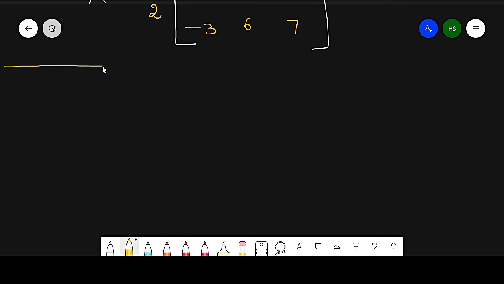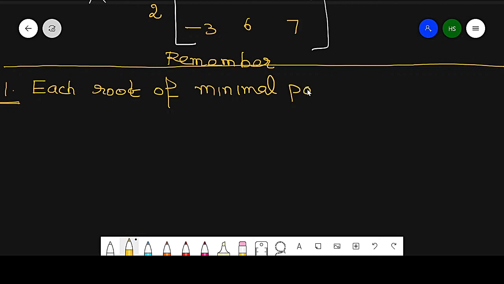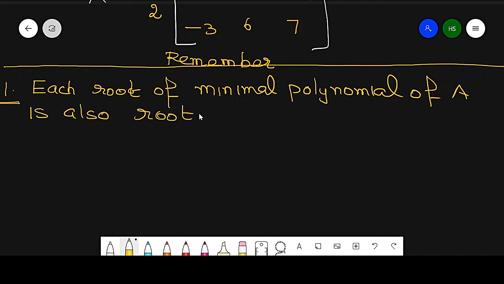Now these are very important results. The first result, which we already discussed: each root of the minimal polynomial of A is also a root of its characteristic equation.